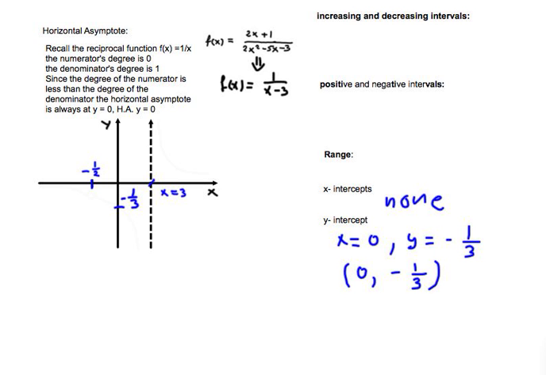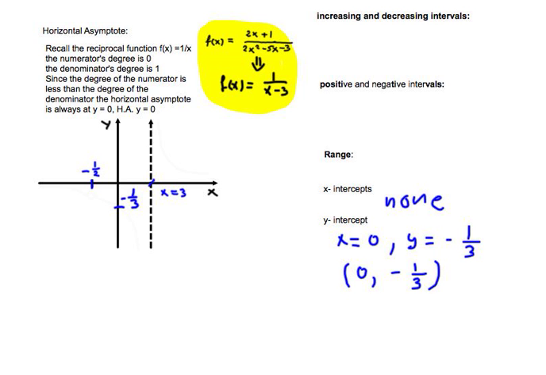Okay, so this is where our attention is now, on the new equation of this function in simplified form. So since the top degree is 0, the bottom degree is 1, we expect to have one horizontal asymptote at 0.